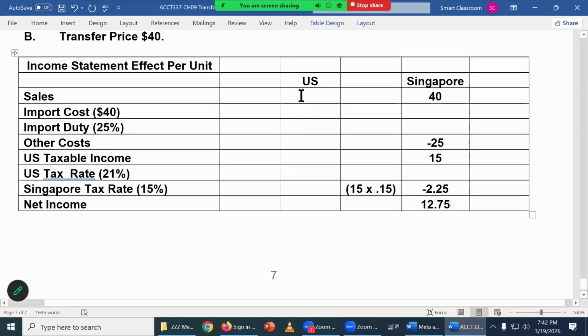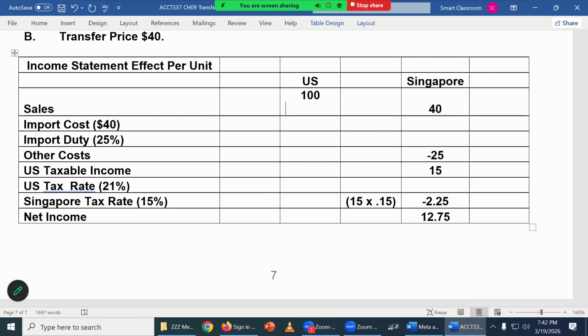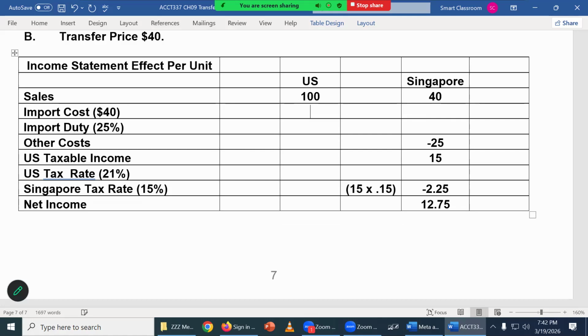Okay. Coming over here. US sales price is 100. Import cost is $40. Import duty is $10.